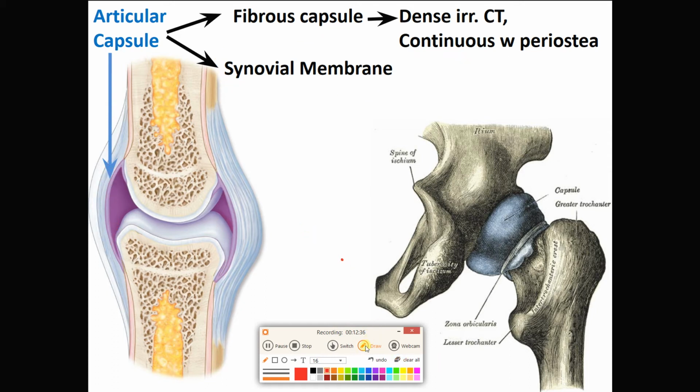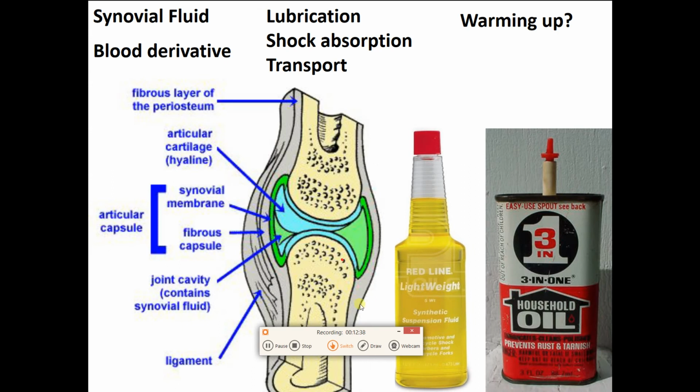All right. Speaking of synovial fluid, the green guy here is our synovial membrane, and it makes synovial fluid. Synovial fluid is made from blood. You will have blood vessels in this joint capsule, in that synovial membrane, to make synovial fluid. You're always making some synovial fluid, taking back some old synovial fluid.